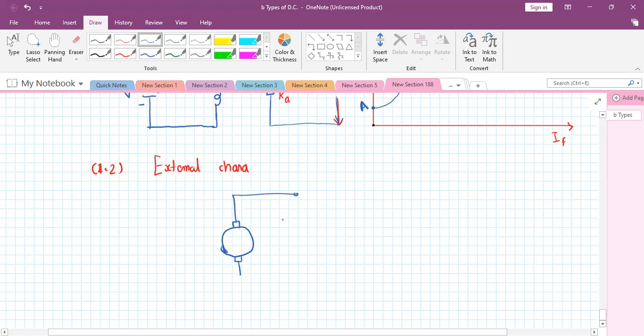The output of the armature winding is given to the load, because it is not open circuit characteristics, it is on load. And your field winding is connected in parallel with the armature. Is it clear? So this is your shunt field winding.